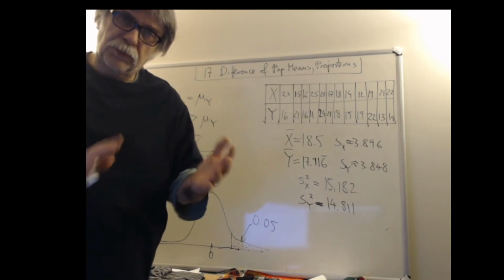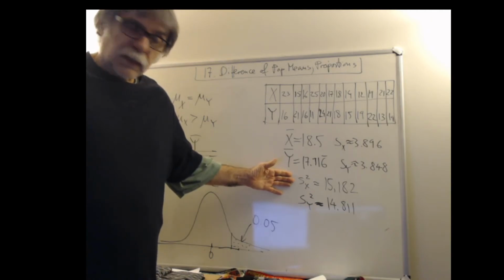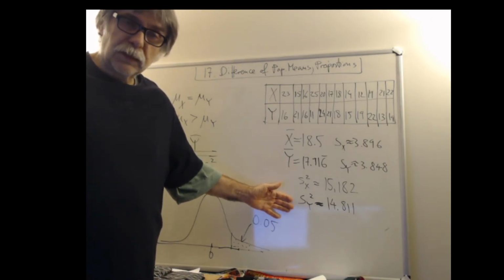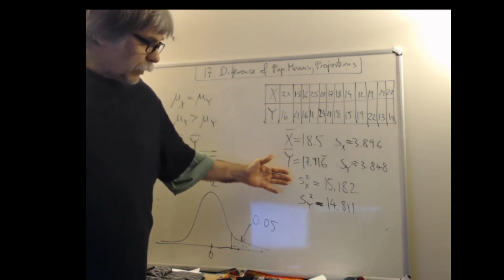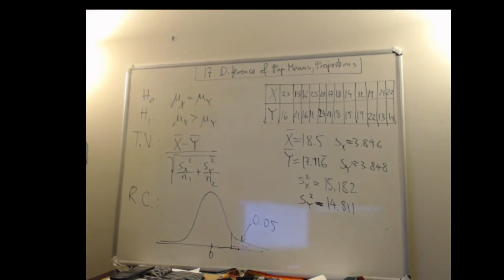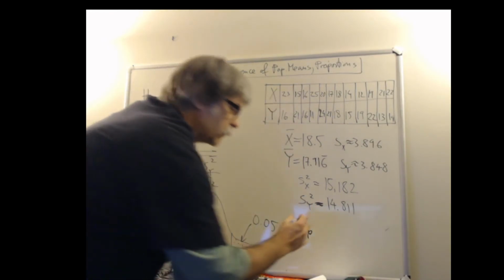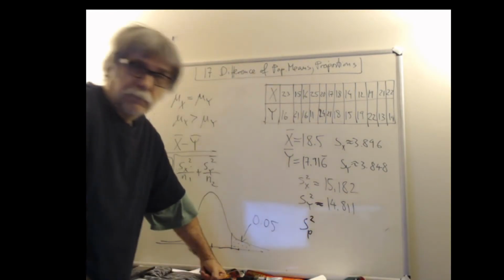The variation in the population is the same. So I will not use Sx and Sy separately, because I don't think there is a difference in the population. I'm going to use the average of these two. Not exactly the average, I have to weight them again. That's called the pooled standard deviation, or the pooled variance if you're calculating variance.